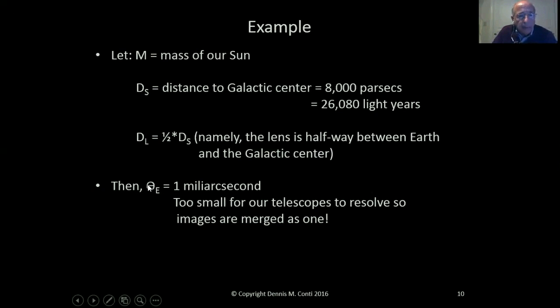If we compute the size of that Einstein ring, you get 1 milliarcsecond, as I said earlier, which is too small for our telescopes to resolve. So you can plug numbers into the distances and the mass and figure out how big that Einstein ring is. Where this is important, as we'll see later, is that it helps astronomers figure out certain characteristics if that lens happens to be a star and a planet. And we'll see that in a moment.